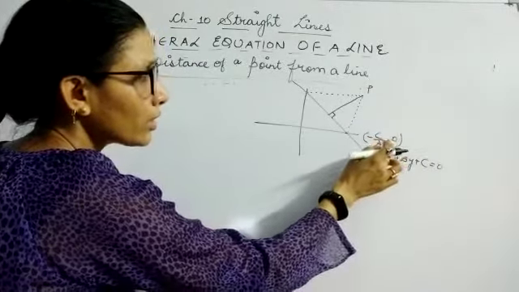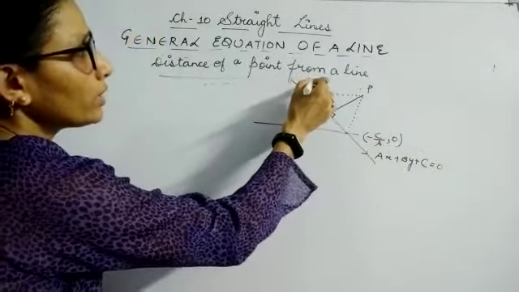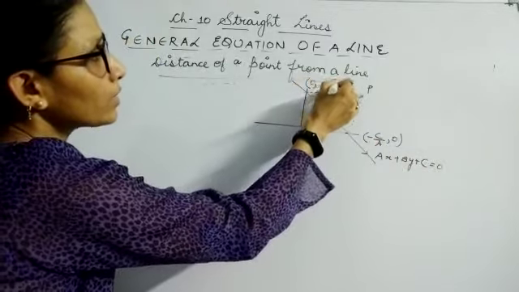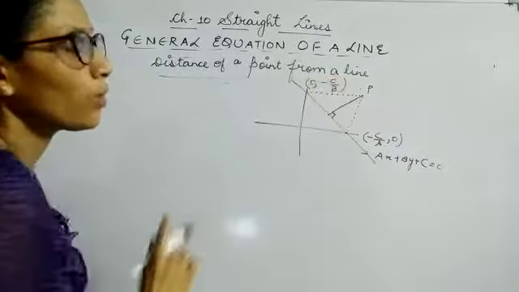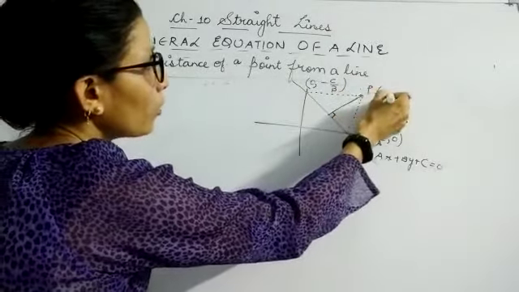This is the intercept made on the x-axis, and the coordinate on the y-axis will be 0 comma minus c by b. Let this point be x comma y.